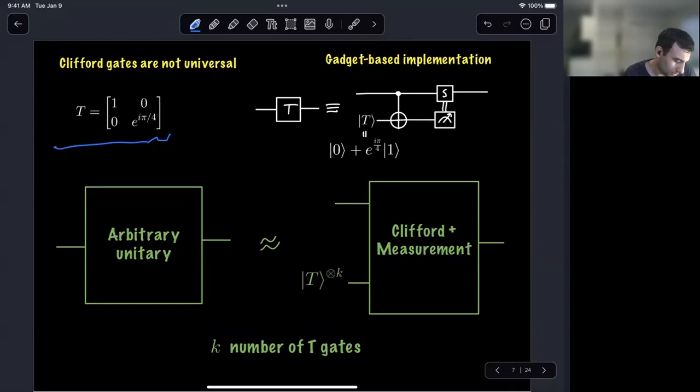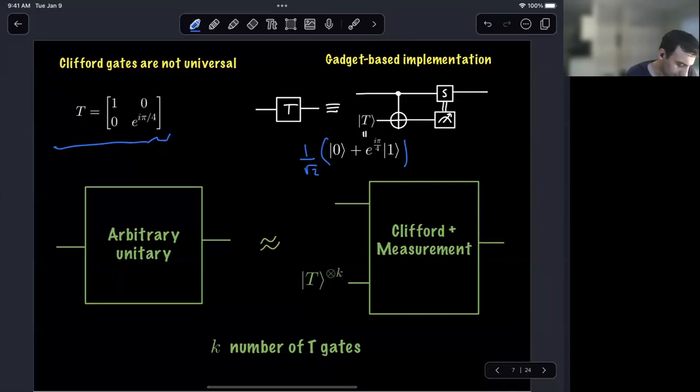You can see that this one and this one are exactly equivalent. Here you have some ancilla qubit. It's initialized in this state called the T state, and it's this one, I forgot the normalization.